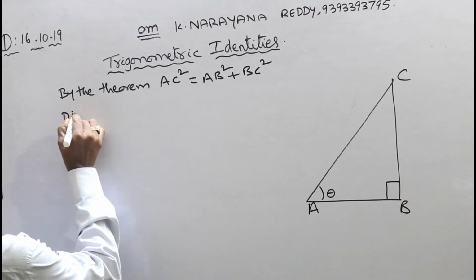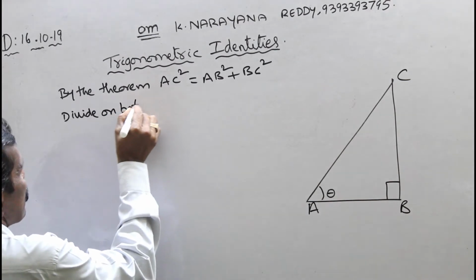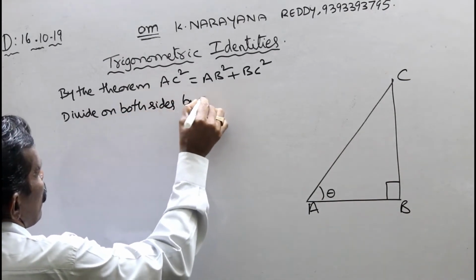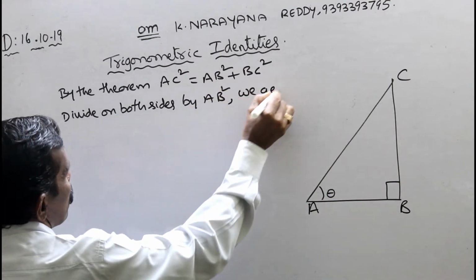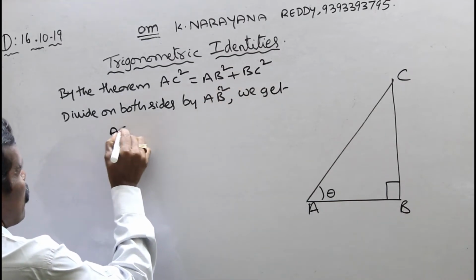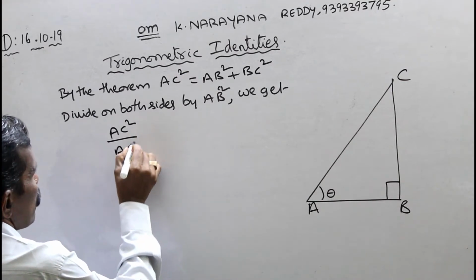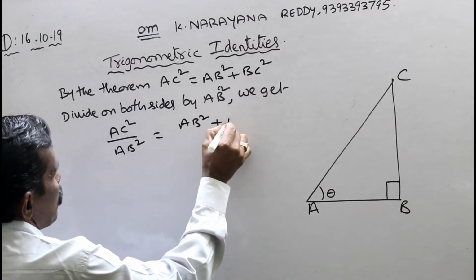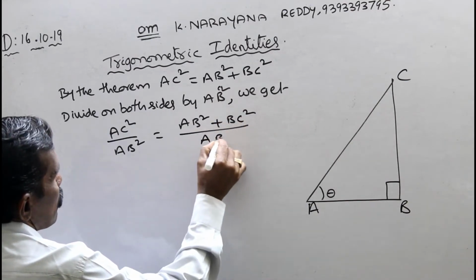Divide on both sides by AB square. We get AC square divided by AB square equals to AB square plus BC square divided by AB square.